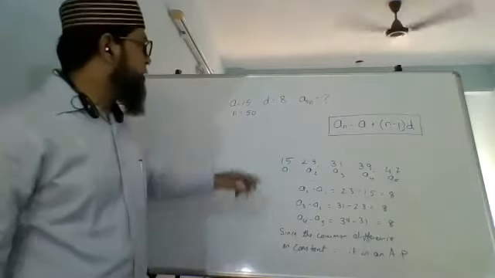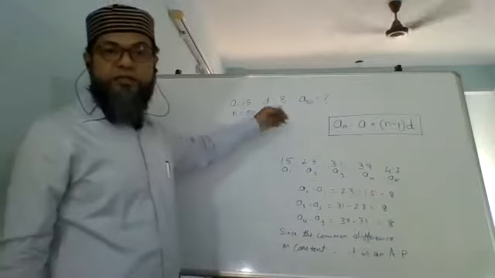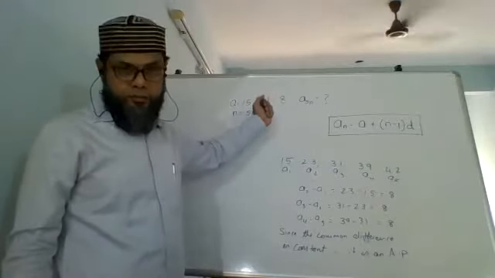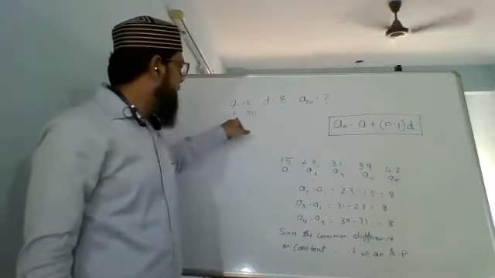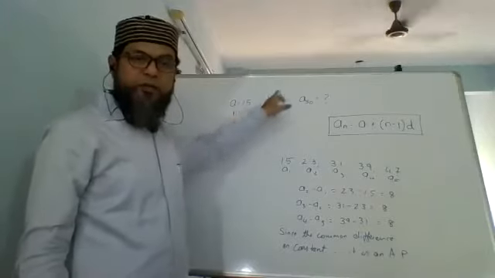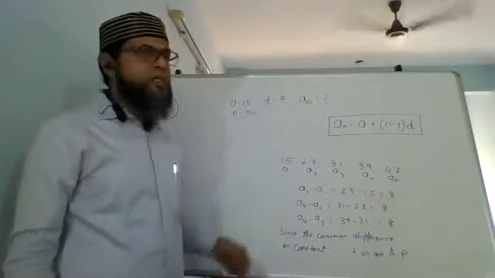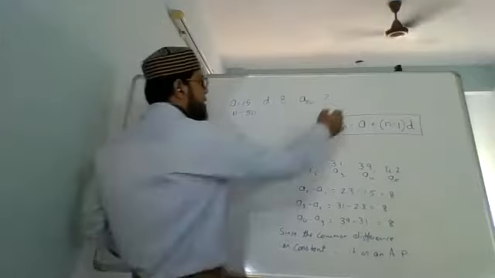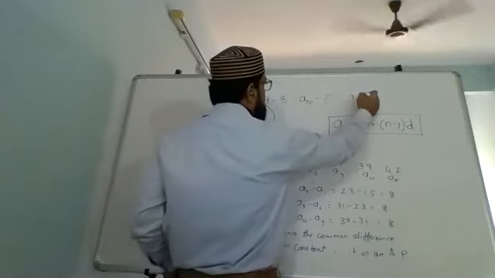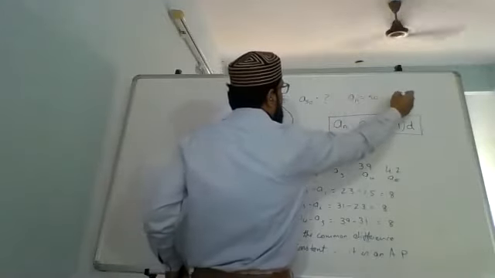Like here I said find the 50th term. That means N is 50. You have to find AN. Somebody might say, I thought AN is 50, what is N?